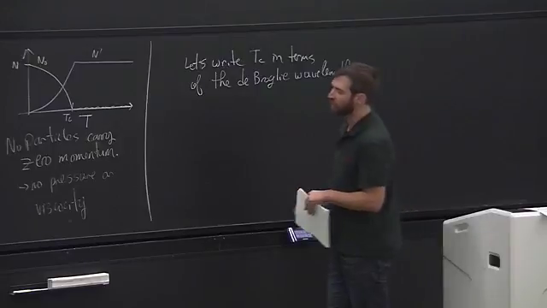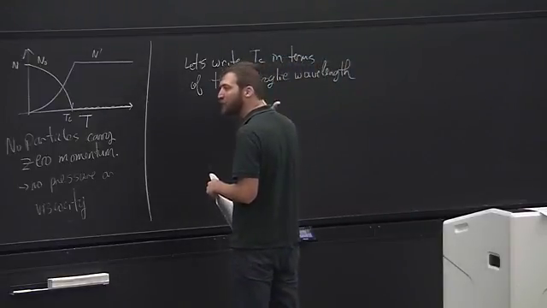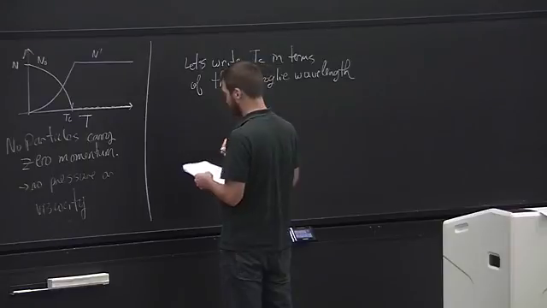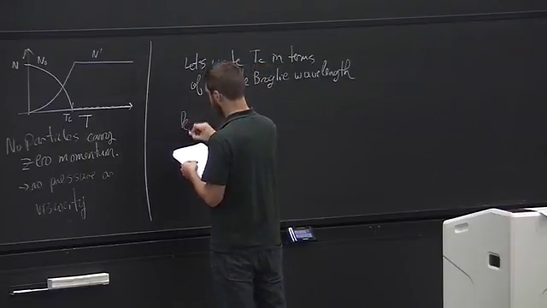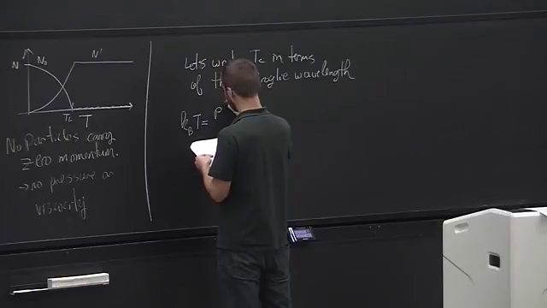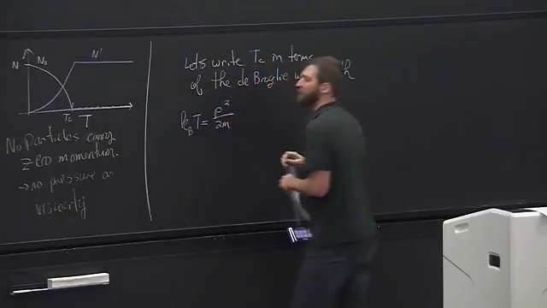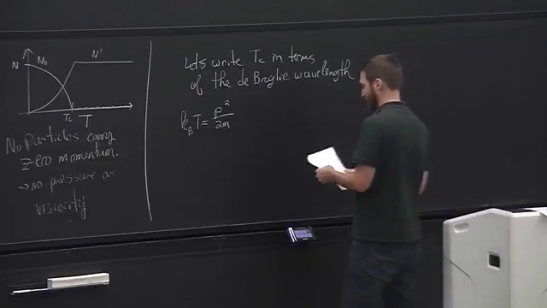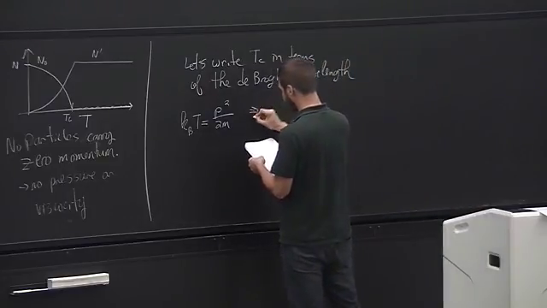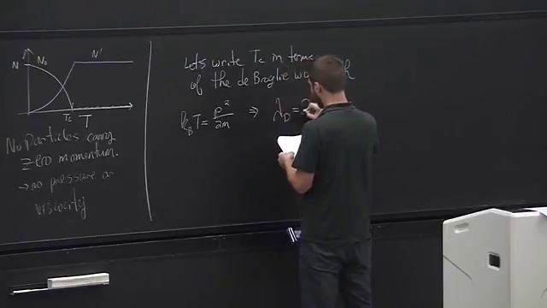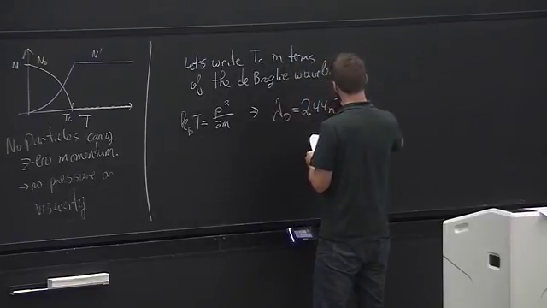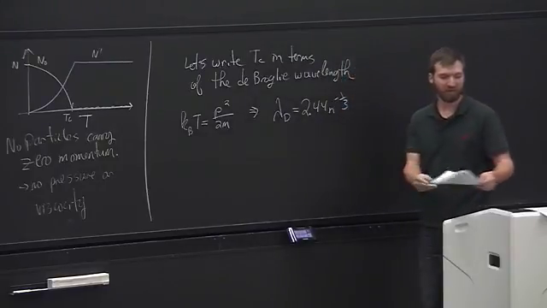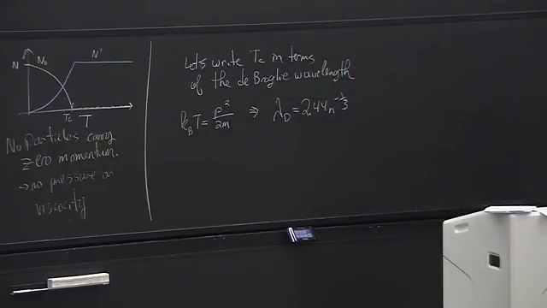So in terms of the de Broglie wavelength, which is just h over p, I can solve for lambda by just setting my k_B T to p squared over 2m. This is just a rough, I'm just roughly setting my temperature to a value that is equal to my momentum there.